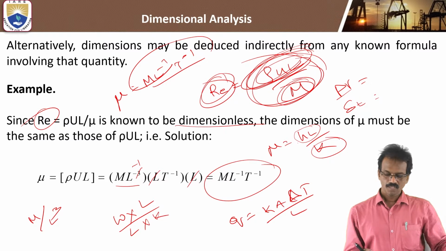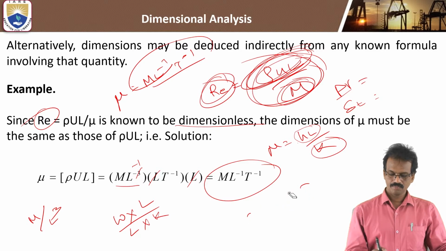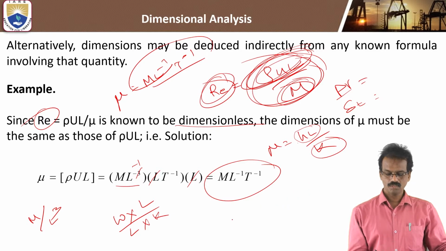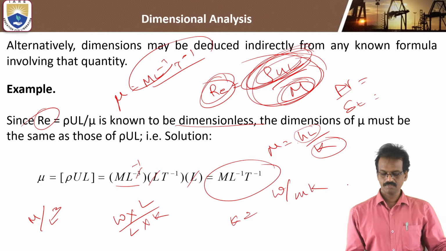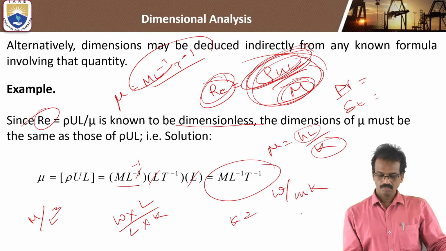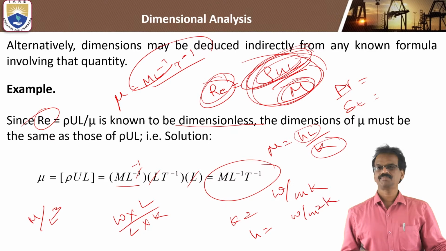Okay, so units of thermal conductivity are watt per meter kelvin. Okay, so the rate of heat transfer coefficient, units of that one, h, is watt per meter square kelvin.